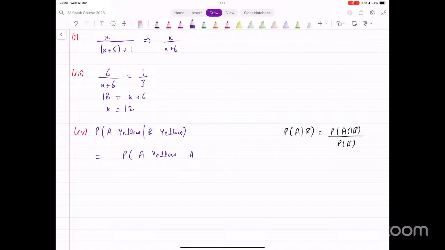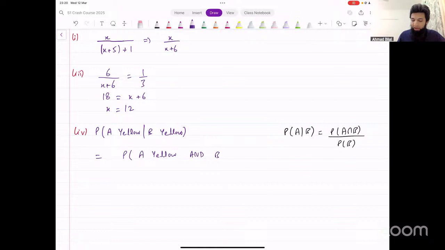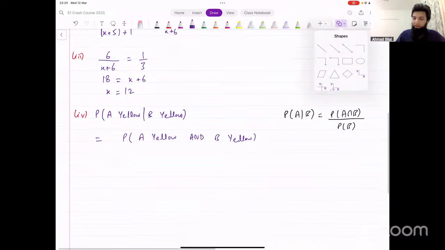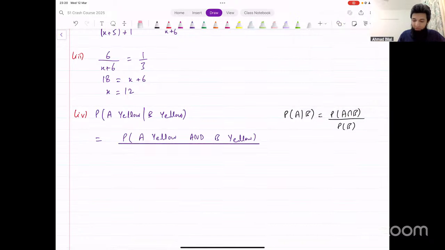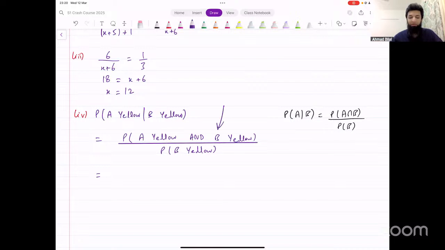Intersection means and, basically that both of these conditions should be met at the same time. A should be yellow and B should be yellow. Divided by the probability of the given event. What is given? That B was yellow. That's what you have in the denominator. That's what the formula is going to look like. Now, you don't necessarily have to write it down like this. You can write down the values directly as well, and that's perfectly okay.